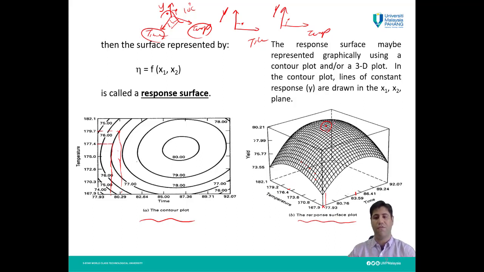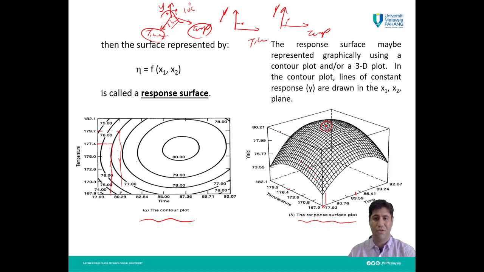So simply we can optimize the process, and we can find the amount of factors at which we will have the maximum yield. So when you have two factors graphically, you can easily find the optimized point.